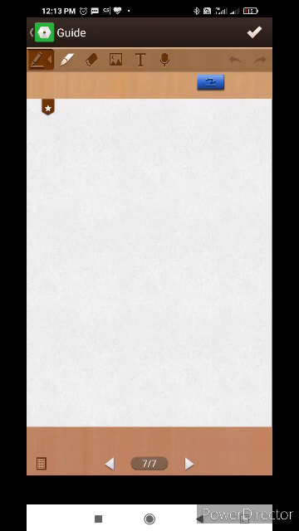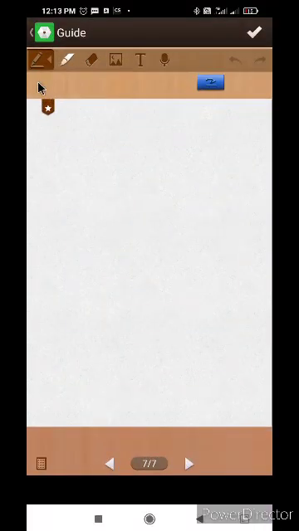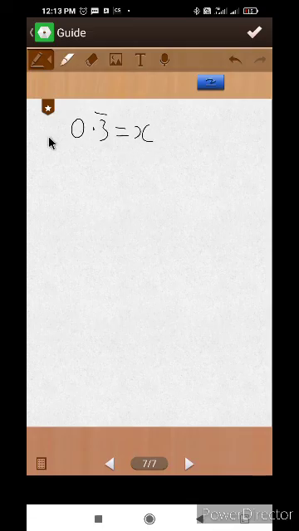The question was, express 0.3 bar as a fraction in the simplest form. Let 0.3 bar be equal to x. Now if we multiply by 10 on both sides, it becomes 10x equals 3.3 bar.